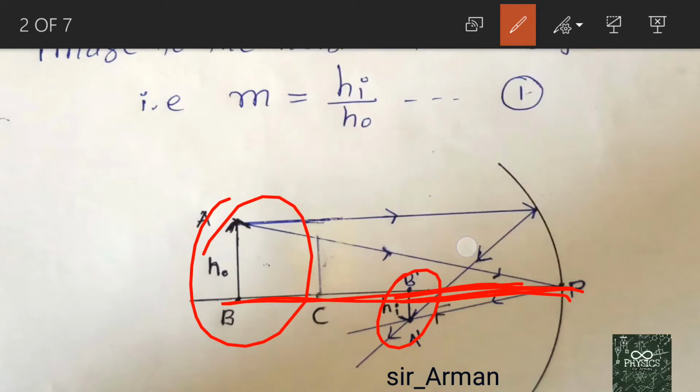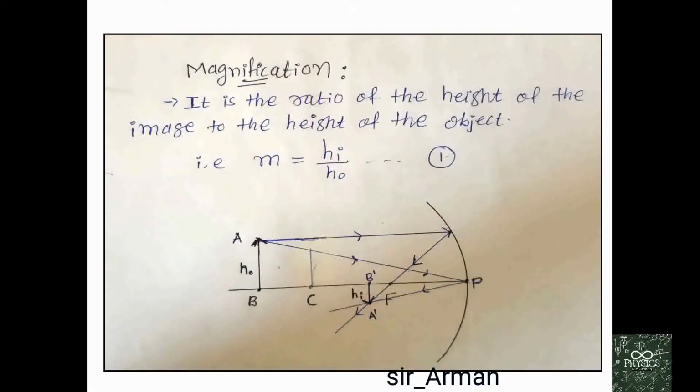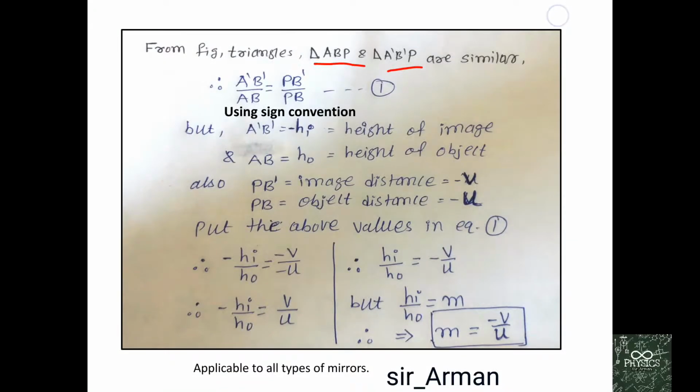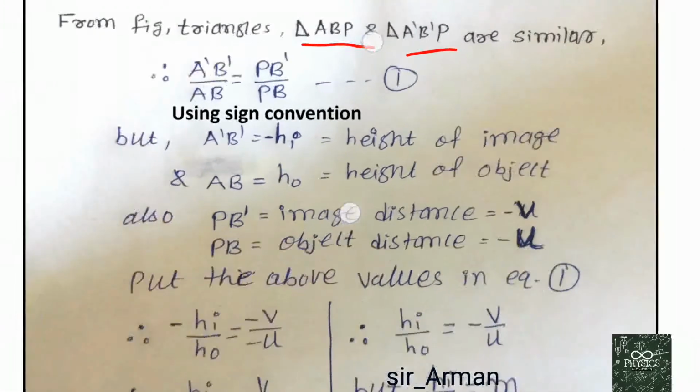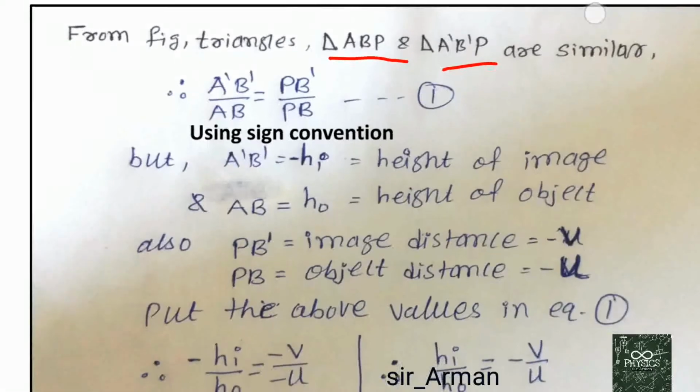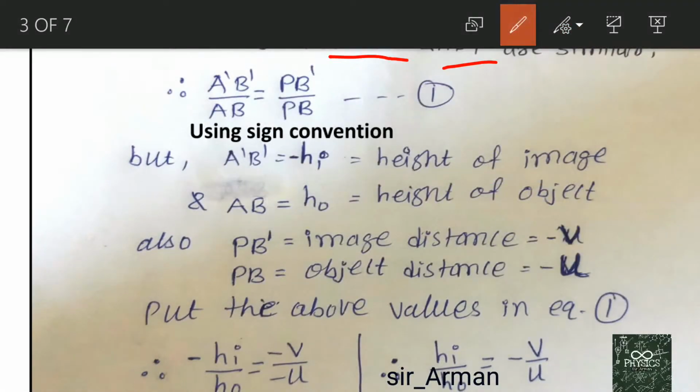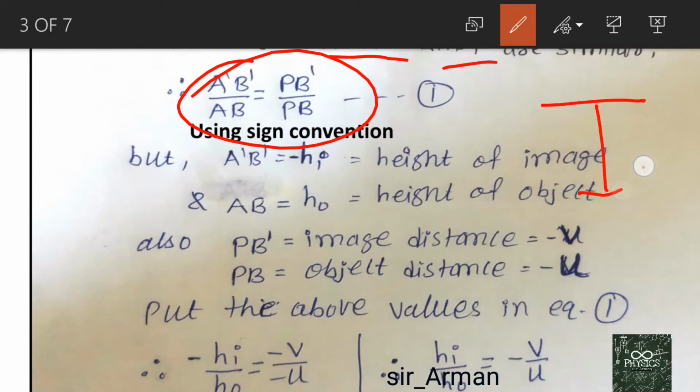So we have to equate the ratio that we have done in the mirror formula. So we get this equation number 1, that is A'B' by AB is equal to PB' by PB. Now using sign convention, we know that A'B' is the inverted image that we have obtained, right?